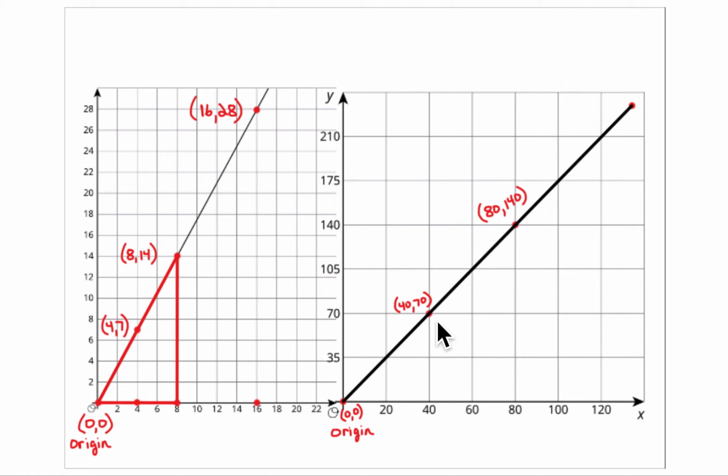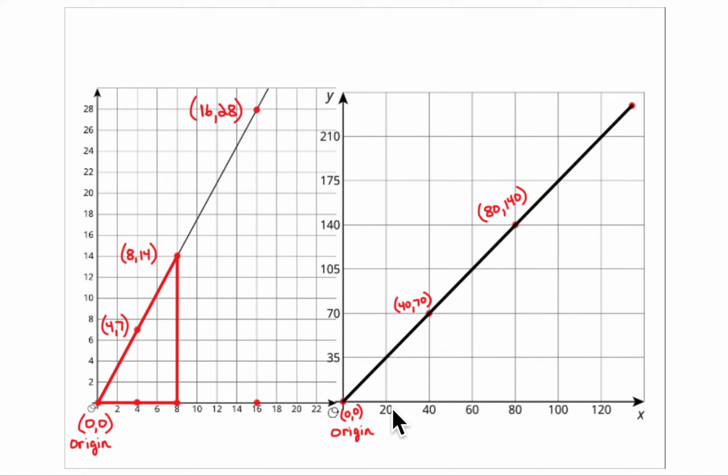So this vertical distance is more units. It's 70 units compared to the horizontal distance, which is only 40 units. So that's what you have to look at, the numbers and the units. You have to look at the number of units, not the length of the squares. This is 1 unit in length and 1 unit in length, but in this graph, this is 20 units.